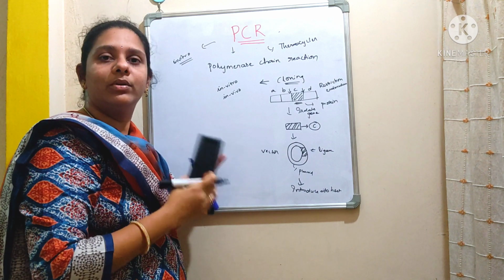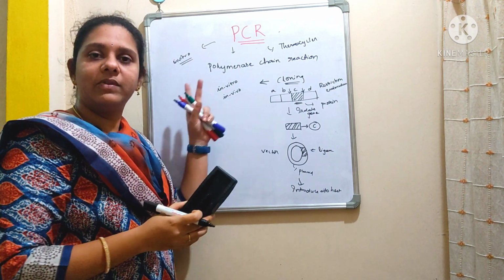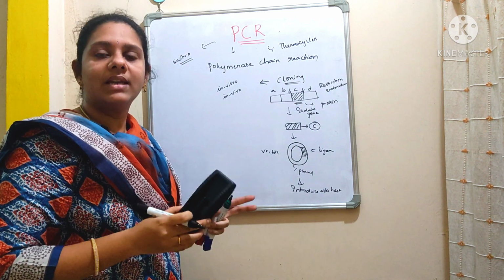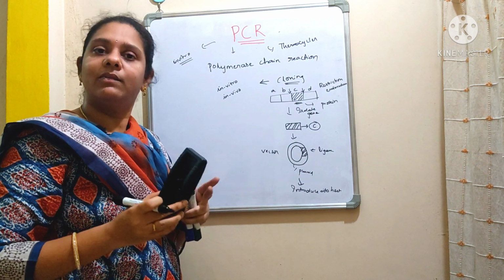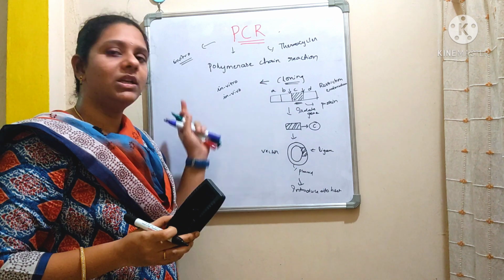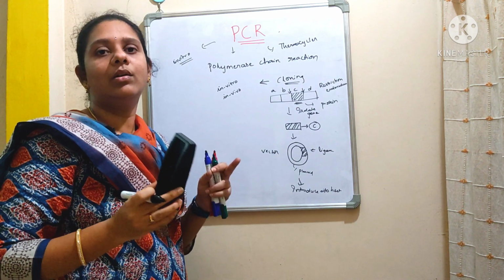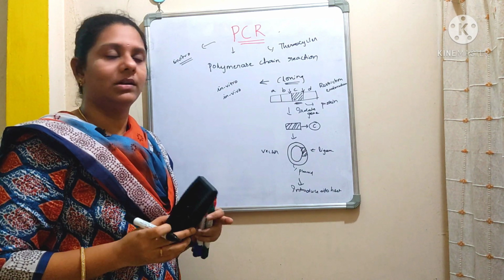So that is the beauty of this technique. So simply we say that the PCR is an automated machine which carries out the synthesis of DNA under in vitro conditions, especially for the amplification of the DNA, that is to make billions of copies of DNA, right?